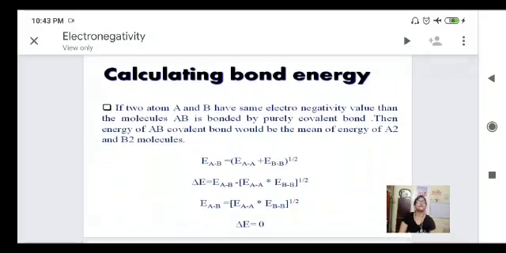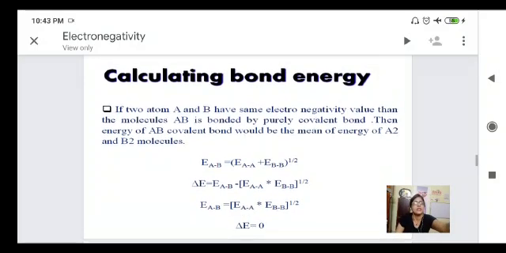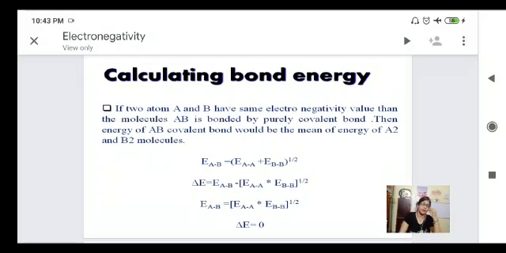Now, calculation of bond energy. How to calculate? We said that the Pauling scale calculates the bond energy between two purely covalent atoms and takes the energy difference between them as measured and as predicted. The difference in energy is depicted by the term electronegativity.